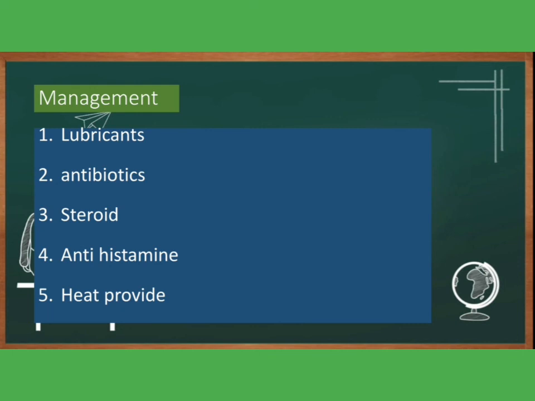Antibiotics, if the Meibomian gland dysfunction is due to any infection, then antibiotic is necessary. And if Meibomian gland dysfunction is due to any skin infection, then a proper dermatologist consultation is necessary to treat these conditions. And if there is any inflammation, steroid is advised. If Meibomian gland dysfunction is due to allergy, then antihistamine is advised.